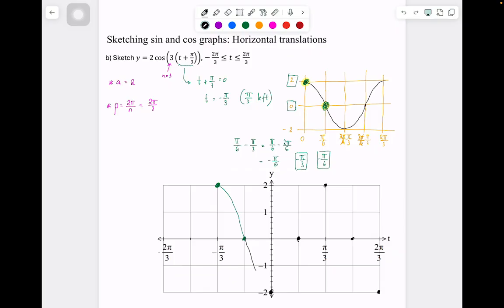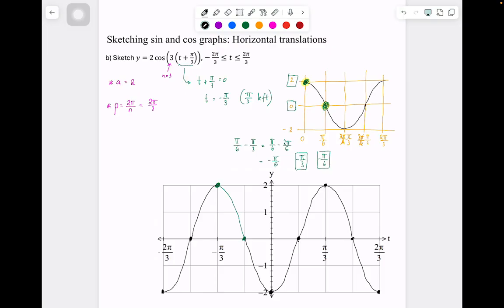So we can sketch out all these increments here. And we also need to extend our graph using the same pattern to get to the other endpoint of negative 2 pi on 3.